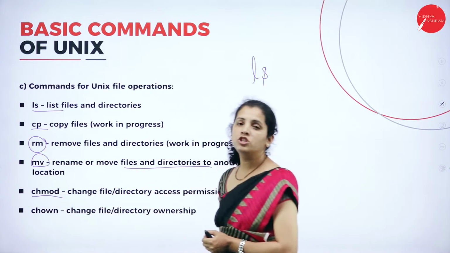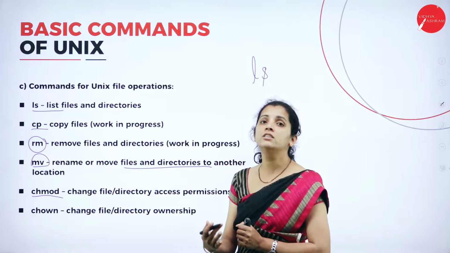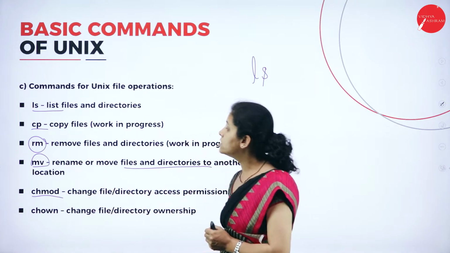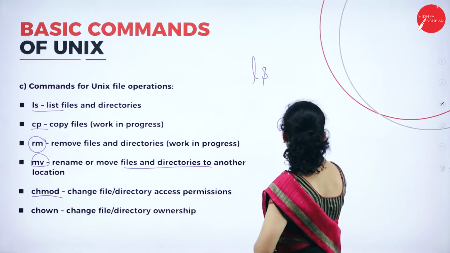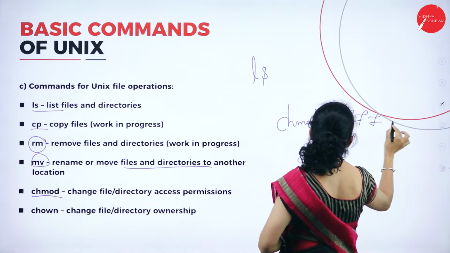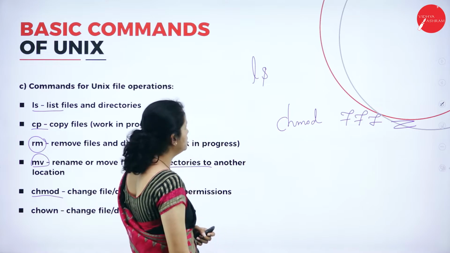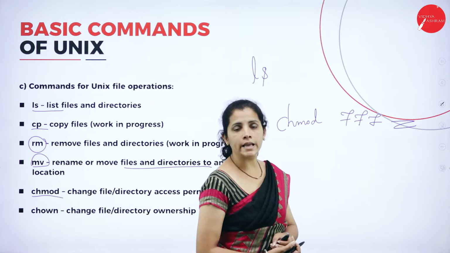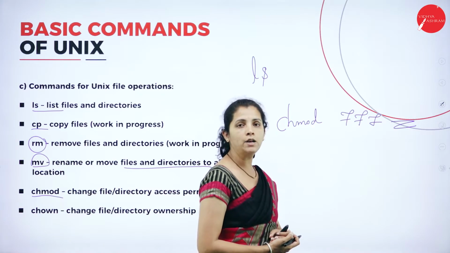Suppose I want to change the mode of operation or the permission mode, then I can go with chmod. So I can have chmod 777 and specify the file name. That means I'm going to change the permission. I'm going to give read, write, execute permission to the user, group and owner.